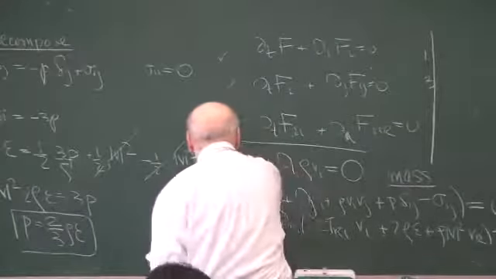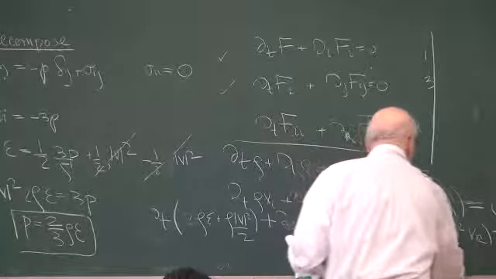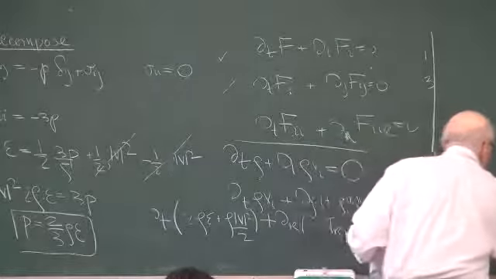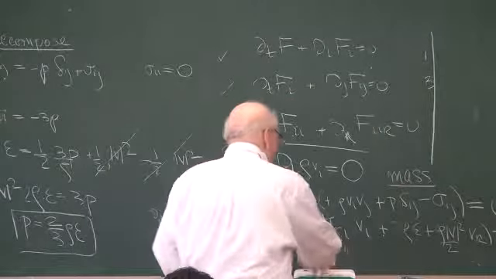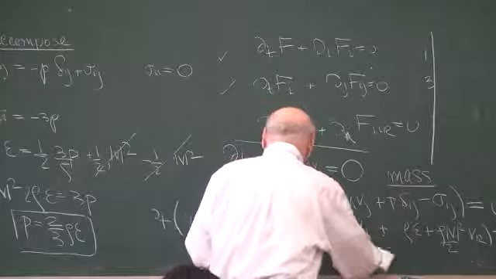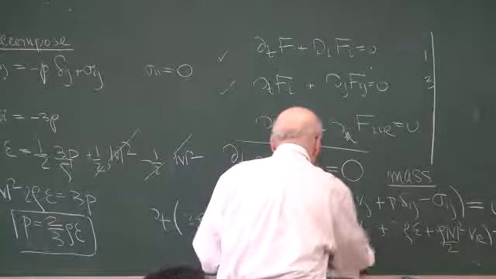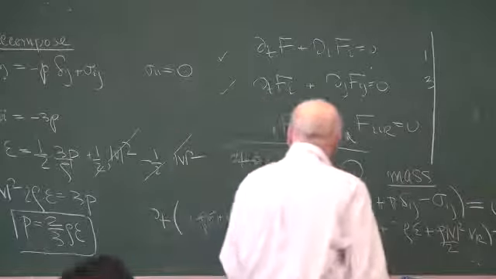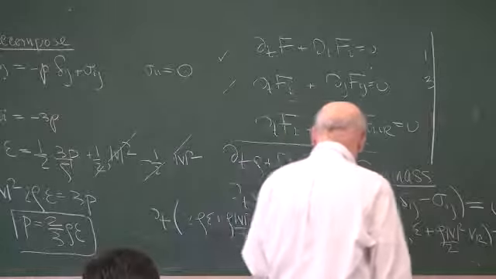So let's divide by 2 here. Okay, and then I'm going to substitute. And this will give me tki, I'll get the pressure minus P delta ij ddk, I hope I have that right.